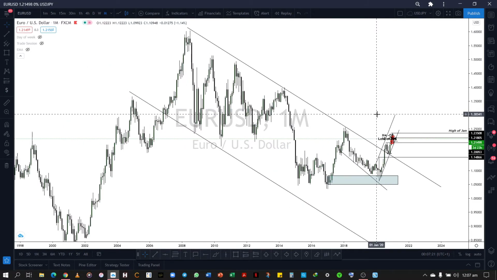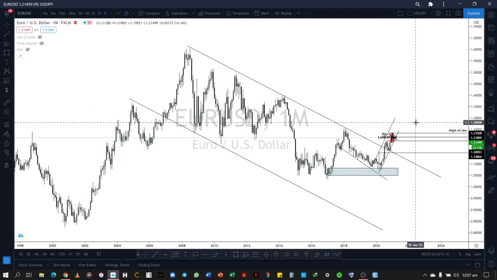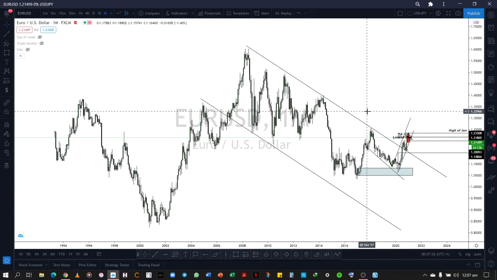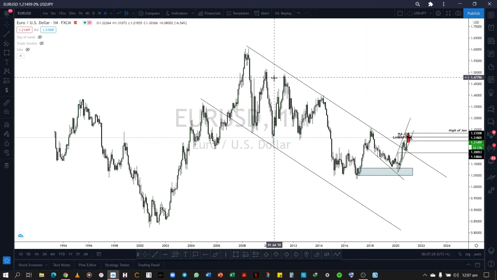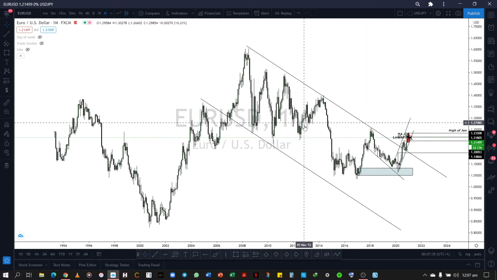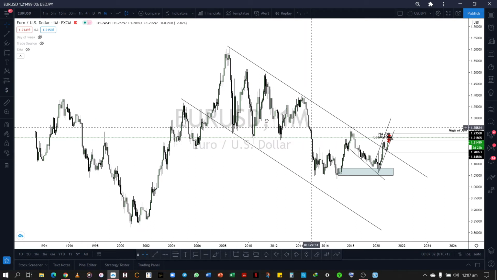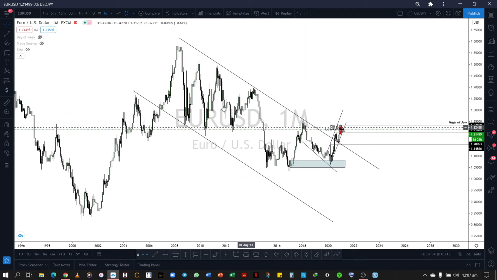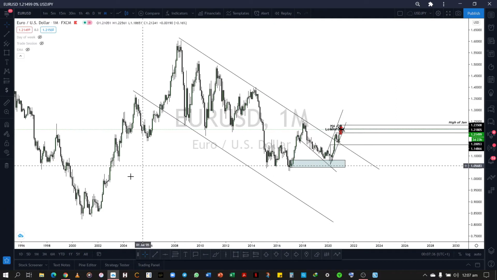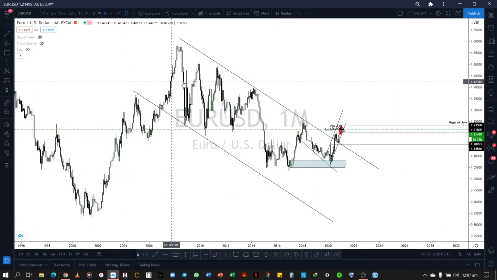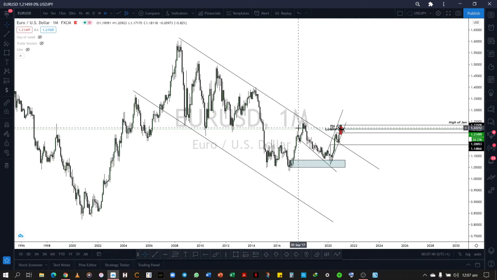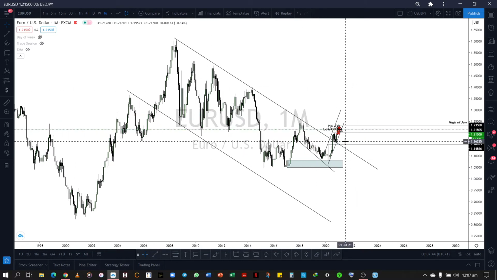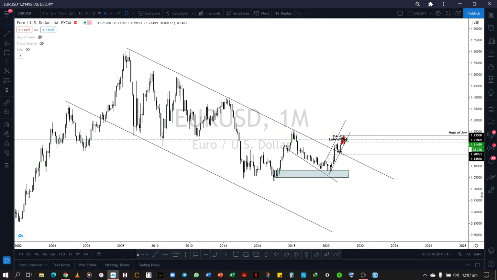Okay, so I already took the liberty to mark out a few zones. First of all, you can see clearly on the monthly, price is bearish and corrective, right? So we can see the prior impulse here, we can see the correction happening, and then you can see the breakout of the channel, which is also a breakout of the correction, right? So we've been following Euro USD for months now.